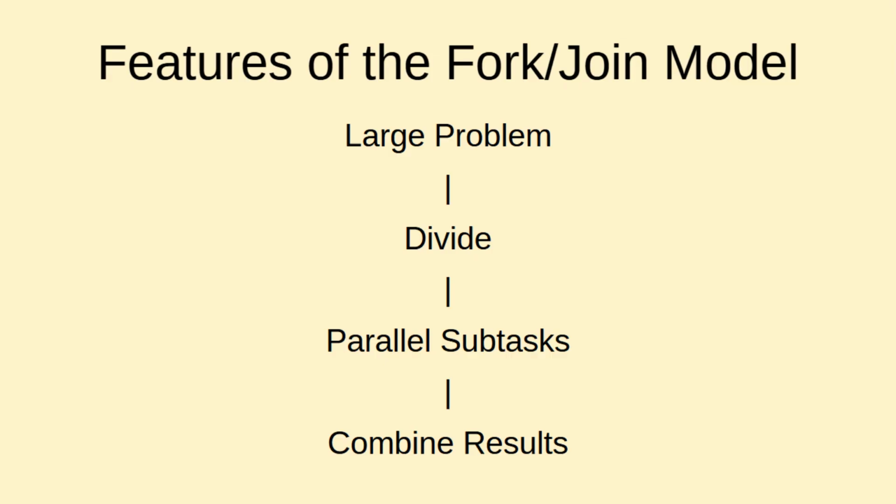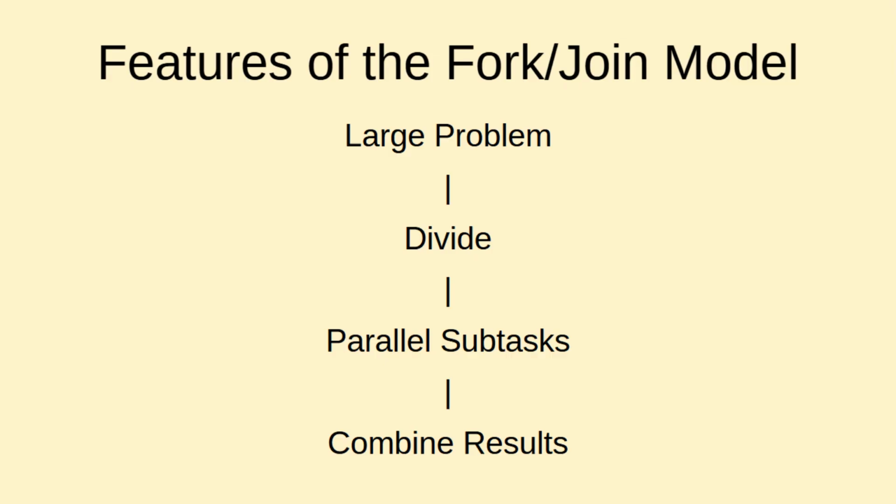The fork join model follows a divide and conquer strategy. Large problems are divided into smaller independent subtasks that execute in parallel. After processing, results are combined during the join phase. This model is commonly used in parallel algorithms, recursive computations, sorting algorithms, and multi-core processing frameworks.